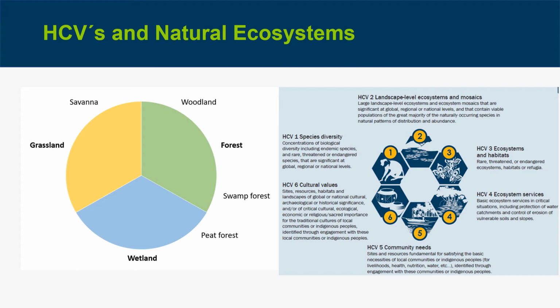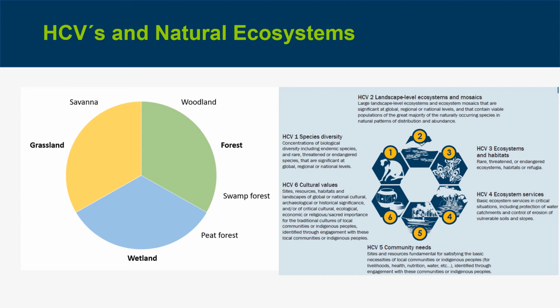So the first one, HCV1, species diversity, are concentrations of biological diversity, including endemic species and rare, threatened, or endangered species that are significant at global, regional, or national levels. So this is HCV1: there are significant species and diversity identified.